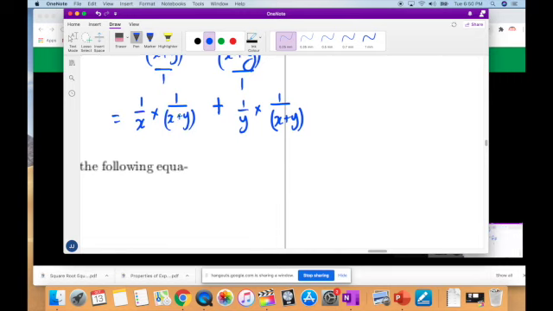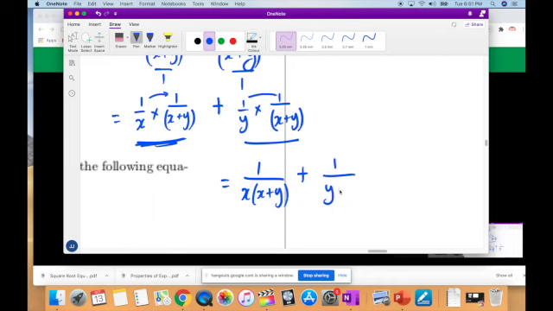Now I can multiply these out. The numerators multiply to just 1, and the denominators give x multiplied by x plus y, plus, same thing here, 1 all over y multiplied by x plus y.